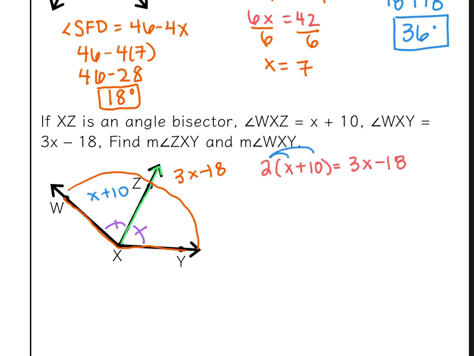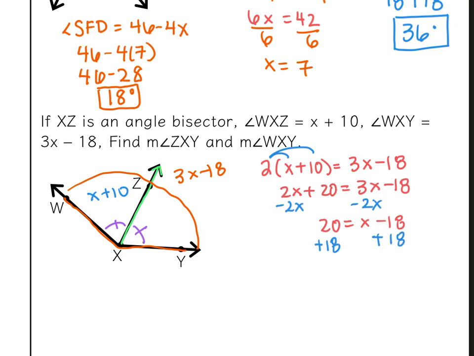So distribute my 2, that gives me 2x plus 20 equals 3x minus 18. We're going to subtract the 2x from both sides. 20 equals x minus 18. Add the 18 to both sides. And then 38 equals x.